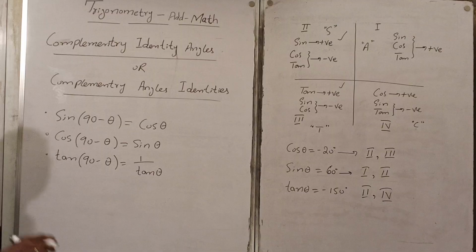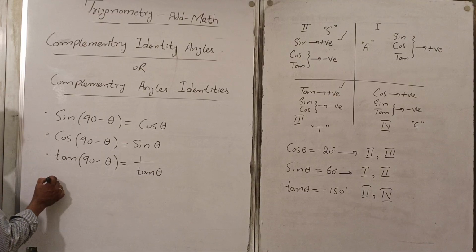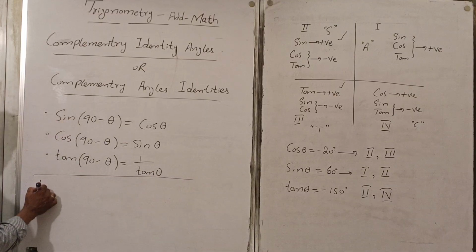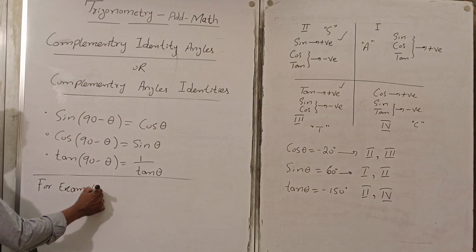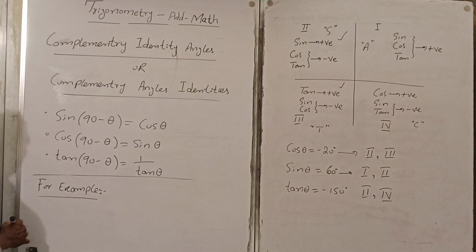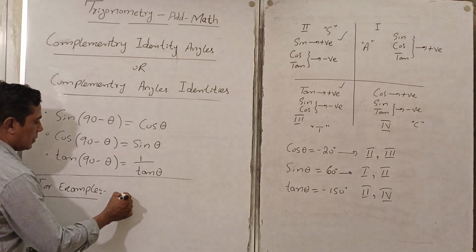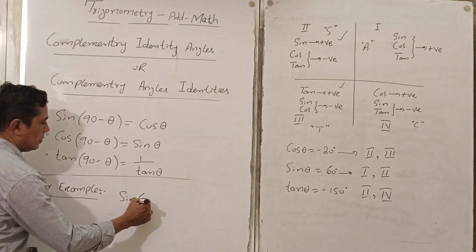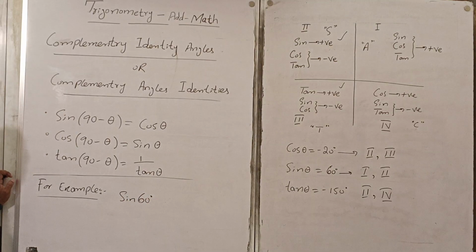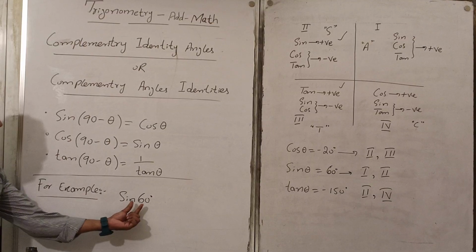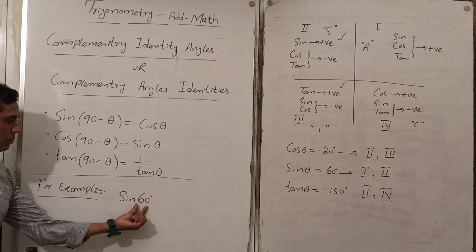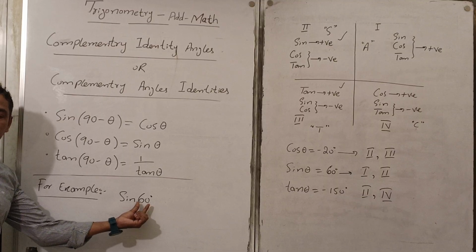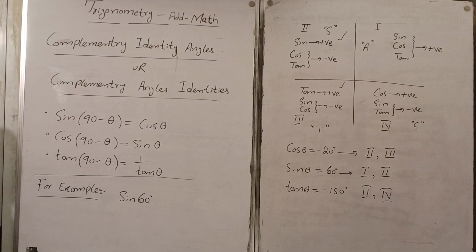Let's say, for example, sin 60 degrees. What should be subtracted from 90 to get 60? 30.